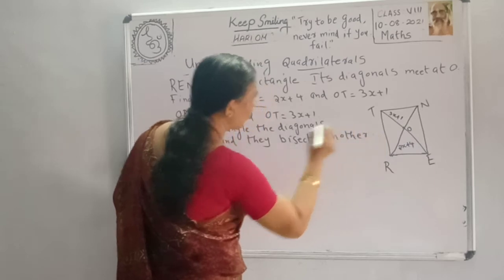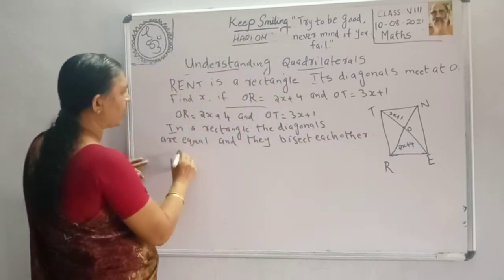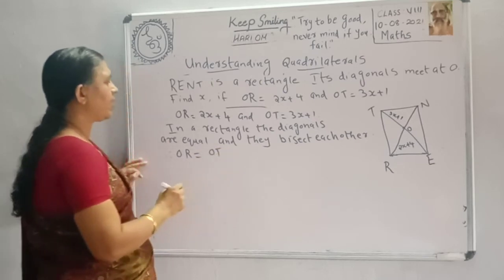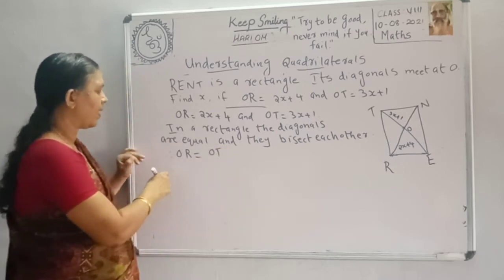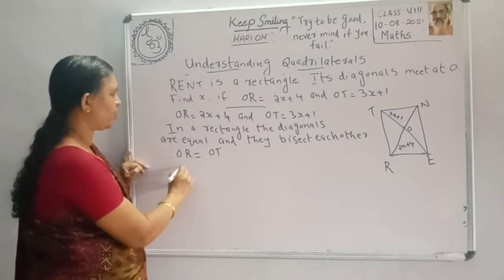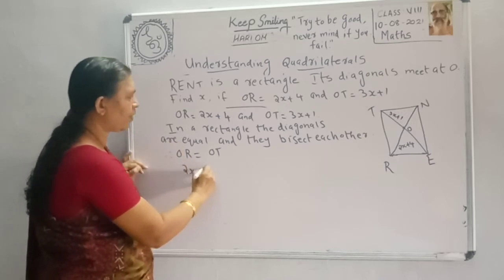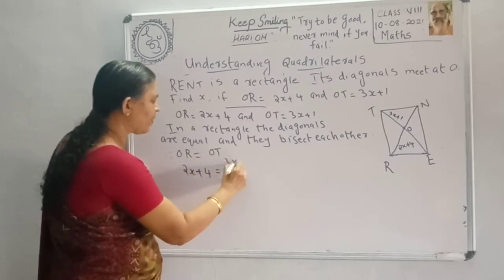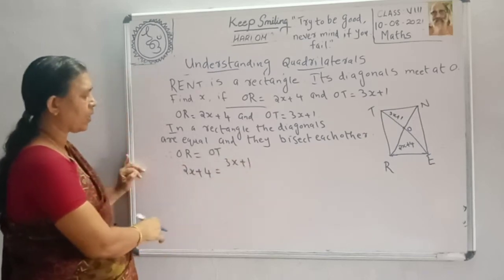Therefore, we can say that OR is equal to OT. Then what is OR here? Here, 2x plus 4 is equal to OT, which is 3x plus 1. From this, we can find the value of x.